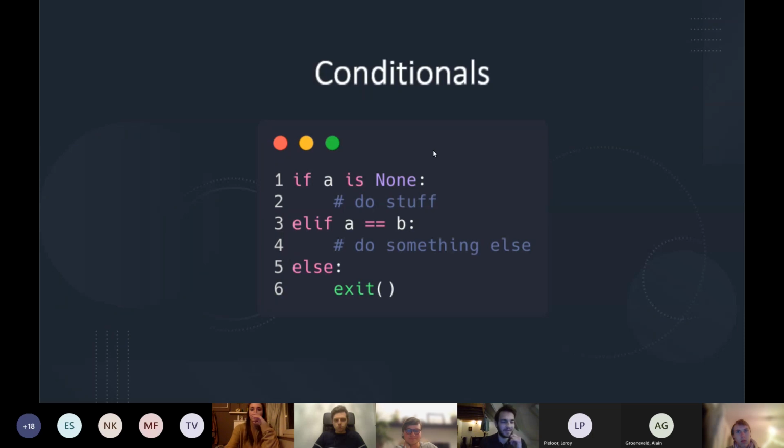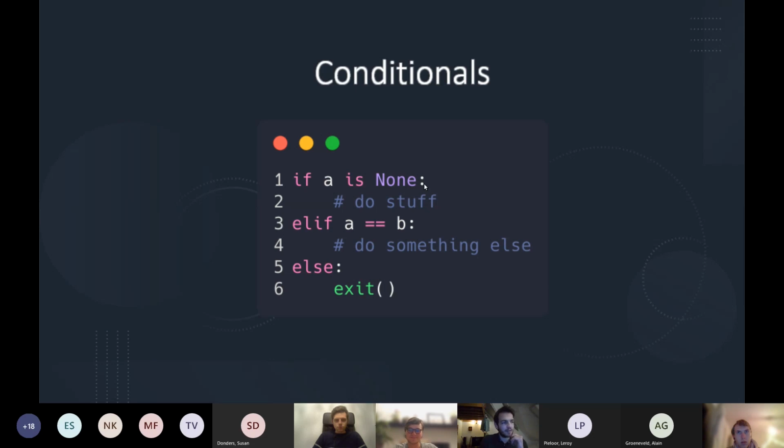I don't know how to use more synonyms, but it's nothing. So if a doesn't contain a value, then this is true and it would do stuff. Otherwise, if a equals b, it would do something else. And if both these statements are incorrect, then we would go to the else and would execute exit, which basically shuts down our program.